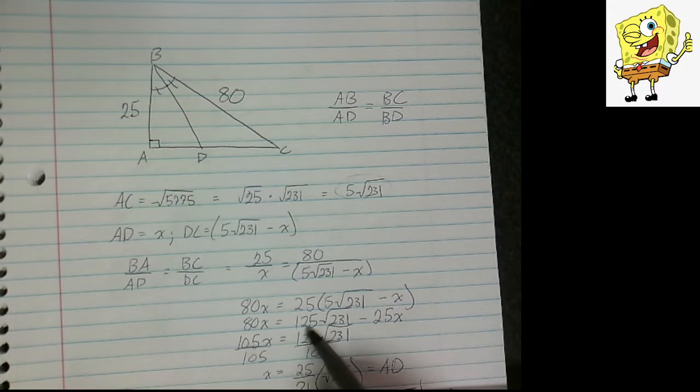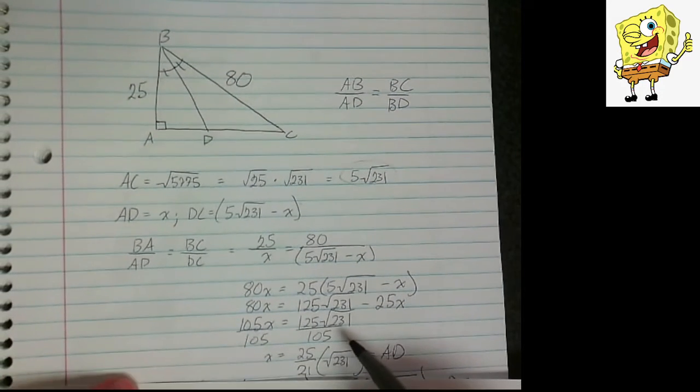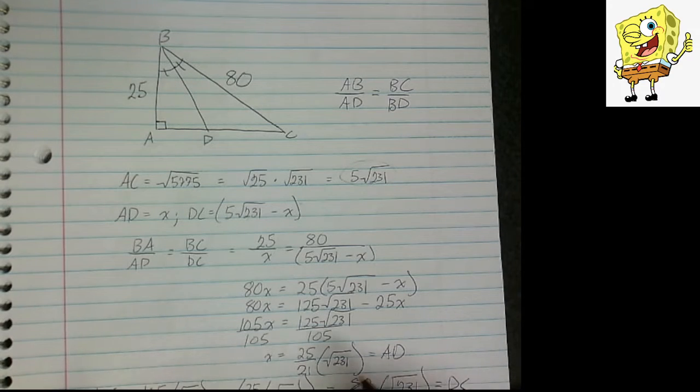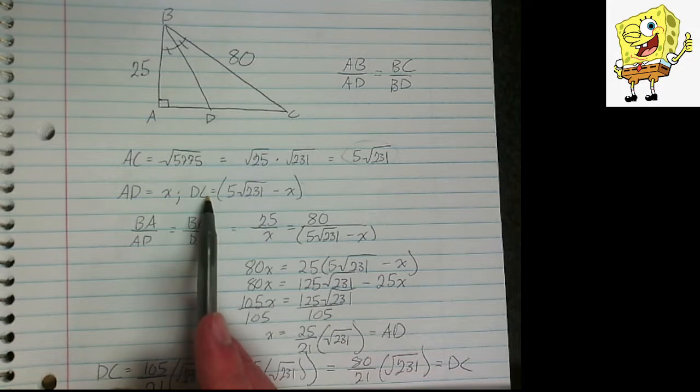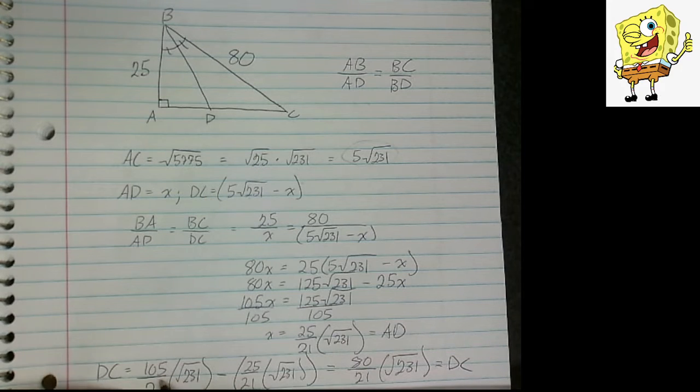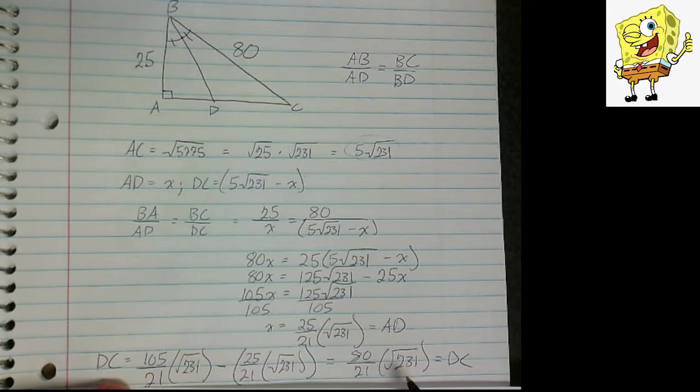I reduced 125 and 105 and kept the root 231, and that's equal to AD. Now I just need to plug that back into my DC formula, which I did by hand, where I got a common denominator and went on like that. And I found that DC is equal to 80 over 21 times root 231.